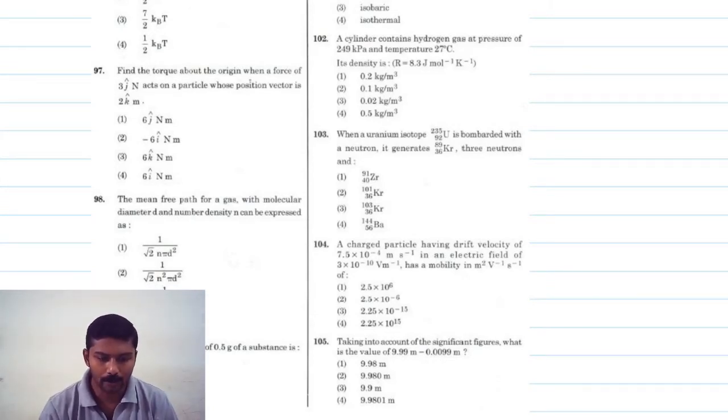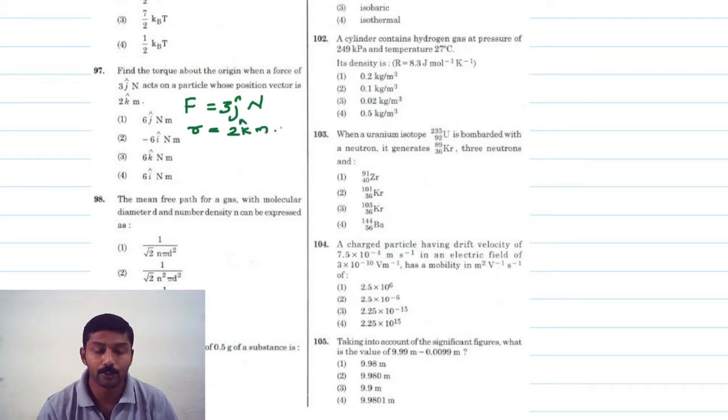Okay, find the torque about the origin when a force of 3 j cap Newton is acting on a particle, and the position vector is R equal to 2 k cap meters. What is the torque acting on it? Torque is equal to R vector cross F vector.